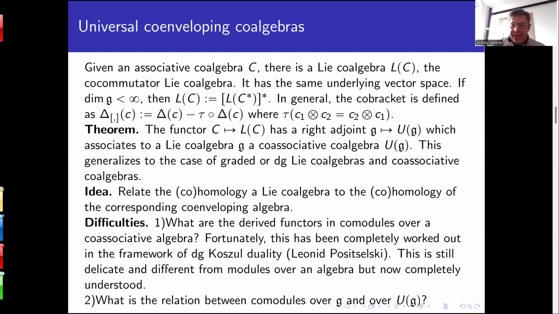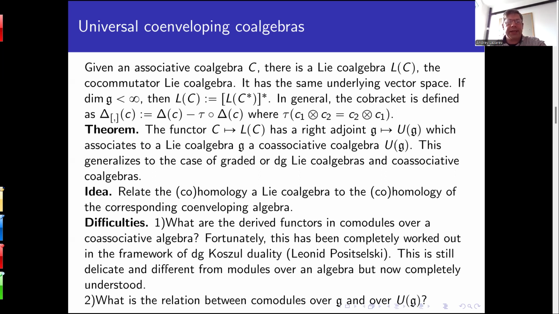So the construction of universal enveloping coalgebras of Lie coalgebras is more delicate than for Lie algebras, and somewhat less familiar. So even those who don't have much interest in the cohomology might be interested in this construction and various concomitant notions.